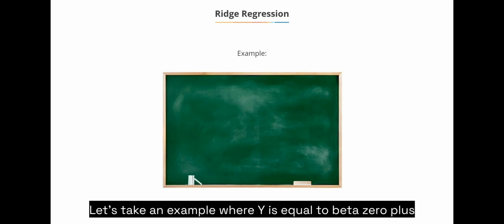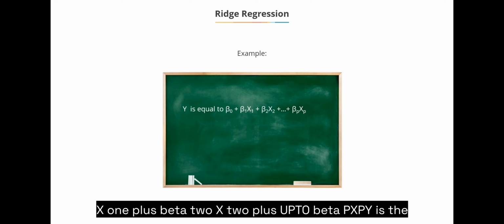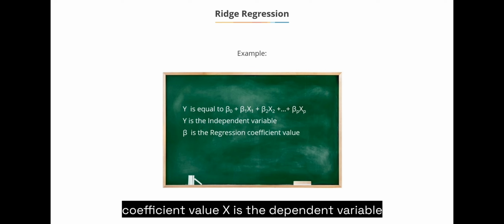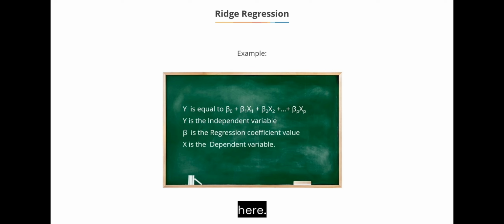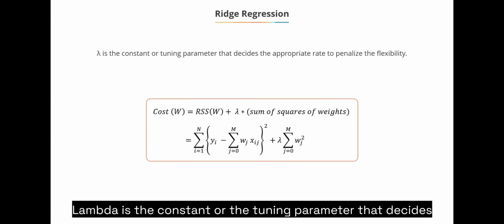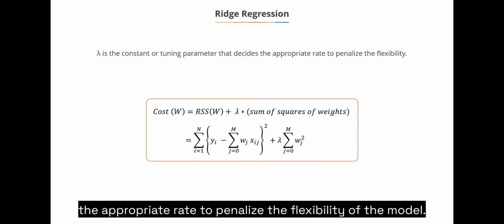Let's take an example where y is equal to beta 0 plus beta 1x1 plus beta 2x2 plus up to beta pxp. Y is the dependent variable. Beta is the regression coefficient value, x is the independent variable. Here, lambda is the constant or the tuning parameter that decides the appropriate rate to penalize the flexibility of the model.